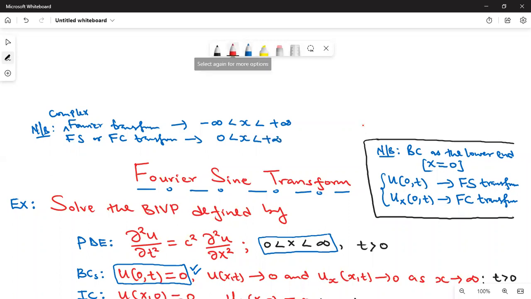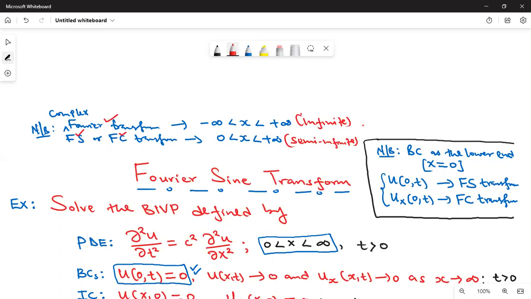So this one is semi-infinite, and this one is infinite. When you have an infinite domain, use the complex Fourier transform. When you have a semi-infinite domain, use either the Fourier sine transform or the Fourier cosine transform. So that's the difference between those three transforms.